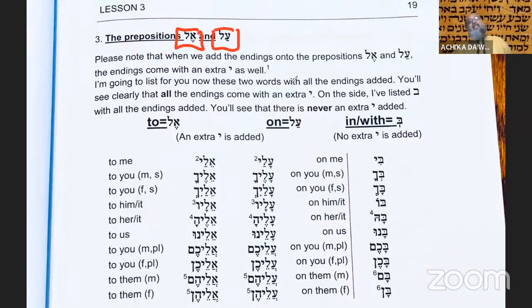And they say that you can add endings onto these, okay? You can read this when you get some time, okay? Because I don't want it to confuse you too much, all right? All I want you to know is that with these endings right here, they will come with this yod. And you'll see it down here, okay? You really will see it.